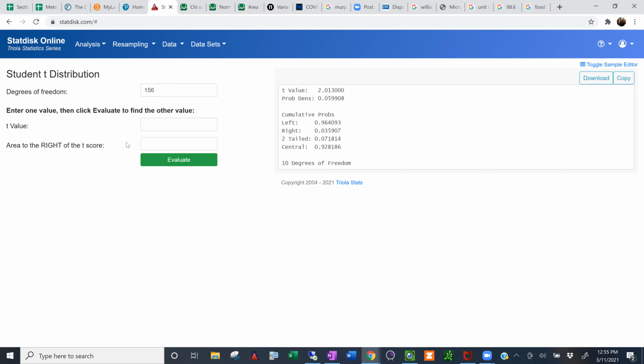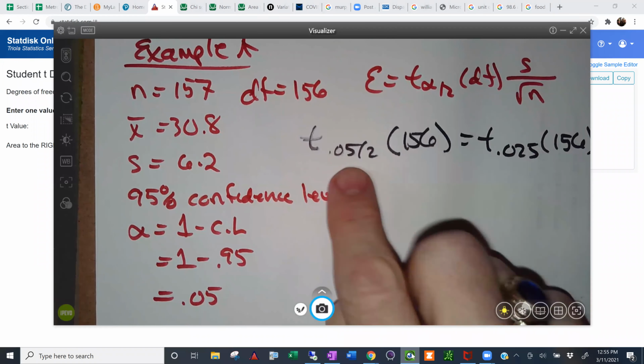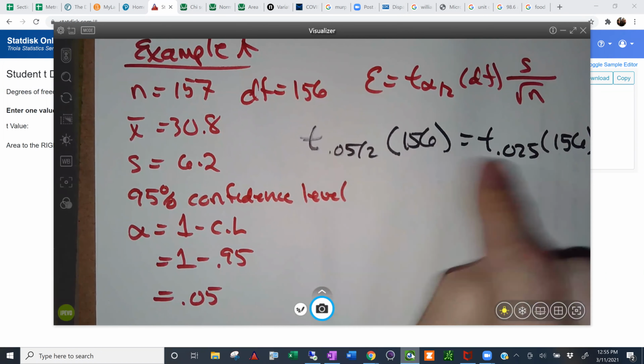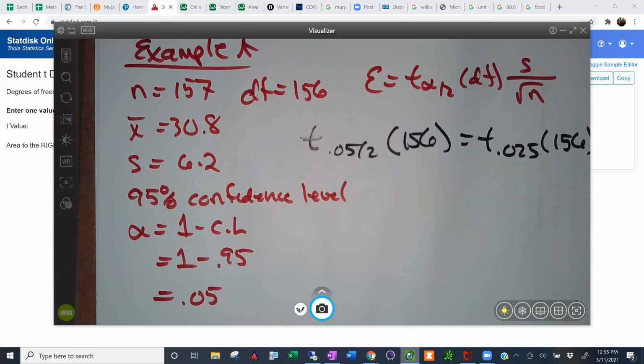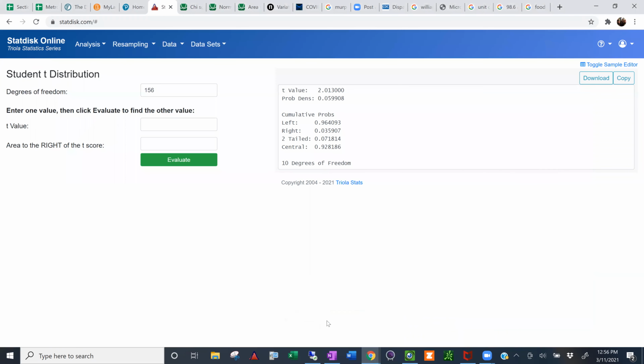How much area should be in the right tail? 0.05. Actually, that 0.05 got divided into 2 tails. Oh, 0.025. Yeah, there we go. Thank you. 0.025. So let's put that in here.